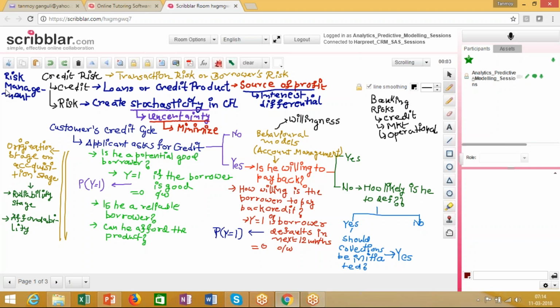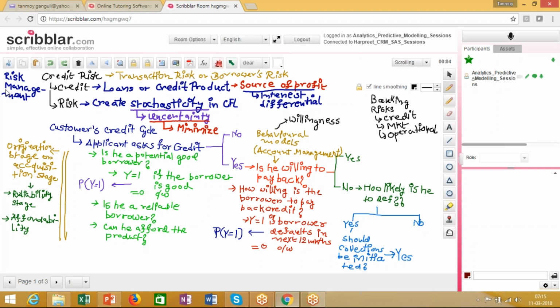And at each stage of the life cycle, there are certain questions that we try to answer. For example, at the origination or acquisition stage, the question we intend to ask is: is the borrower a reliable borrower? Second, is the borrower affordable, so can the borrower afford the credit product?